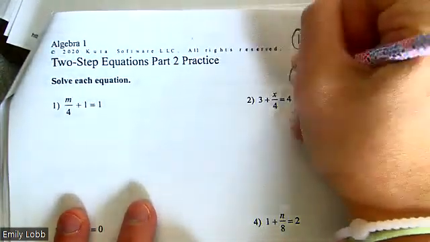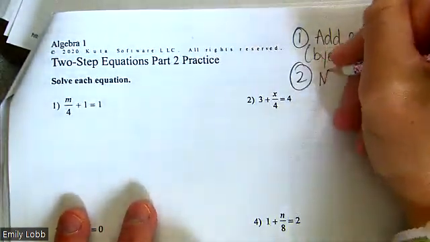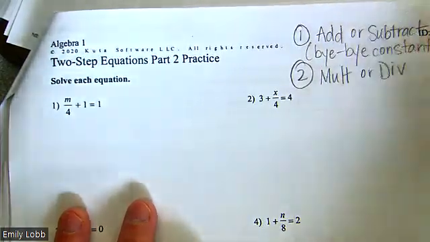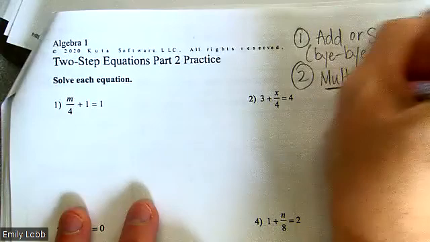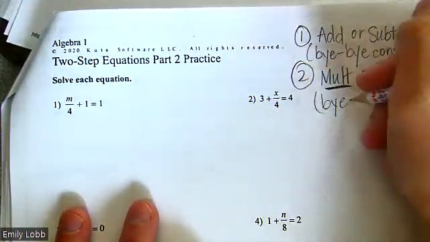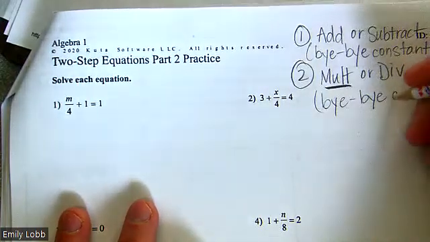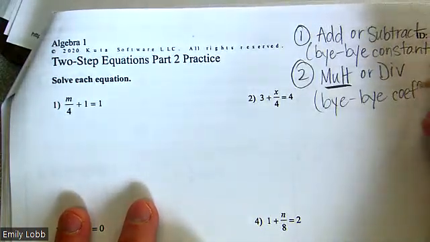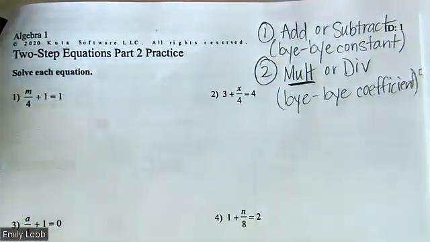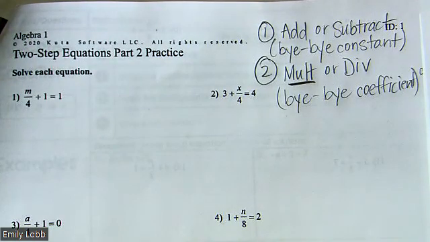In your step 2, usually we would say multiply or divide, but we know in all of these, we're going to do what? Multiply. This says by coefficient. The number tied to the variable is our coefficient. By coefficients. Okay? So give those a go.